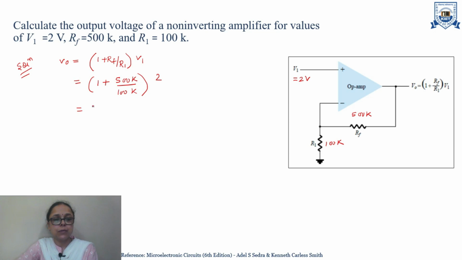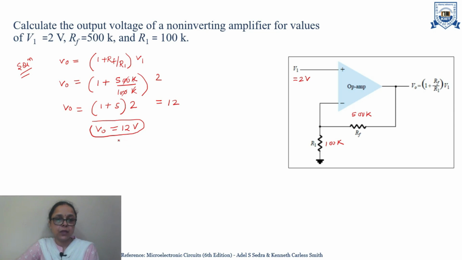So it will be (1 plus 5) multiplied by 2, that is 12. So VO will be 12 volts.